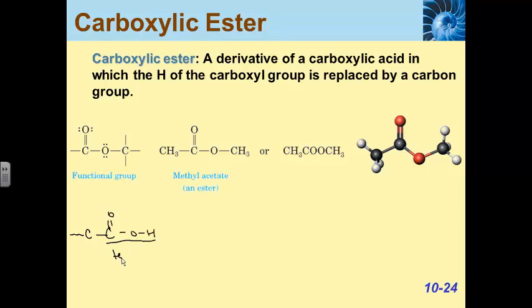We said this had to be at the terminal carbon to make it an acid. But now what we're going to do is eliminate this terminal hydrogen and replace it with some other carbon chain, and we'll come up with an ester. A carboxylic ester is a derivative of a carboxylic acid, but we're taking off the terminal H and replacing it by some other carbon chain.